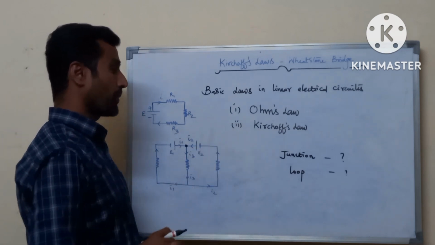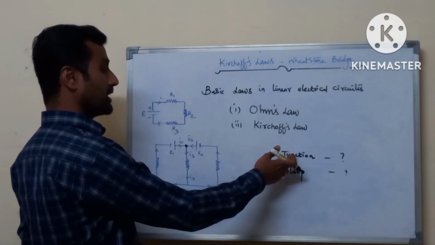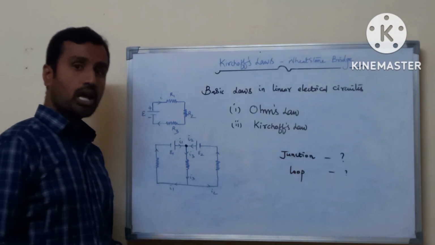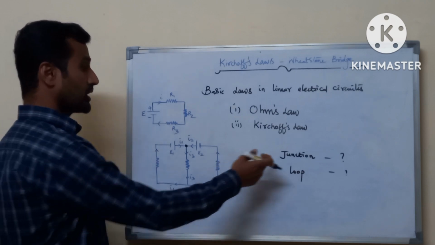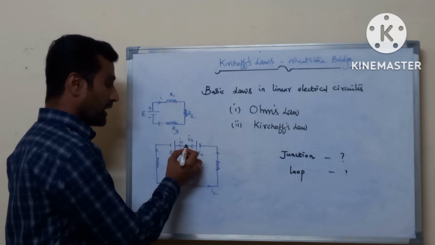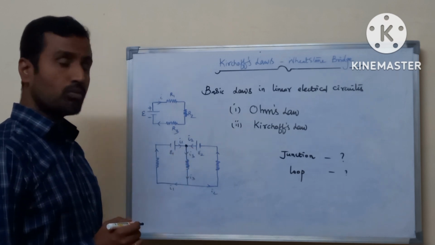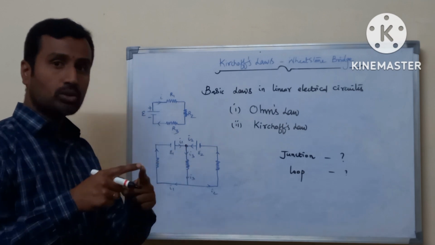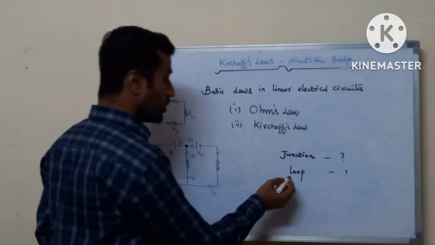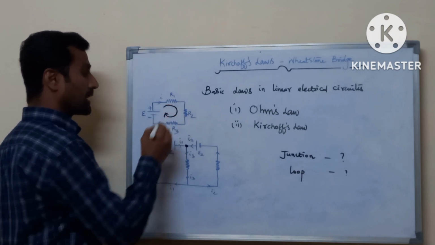Before going to the topic of Kirchhoff laws, let us understand what is meant by junction and loop. A junction is a point in an electrical circuit at which two or more branches meet together, and a loop is a closed path in an electrical circuit.